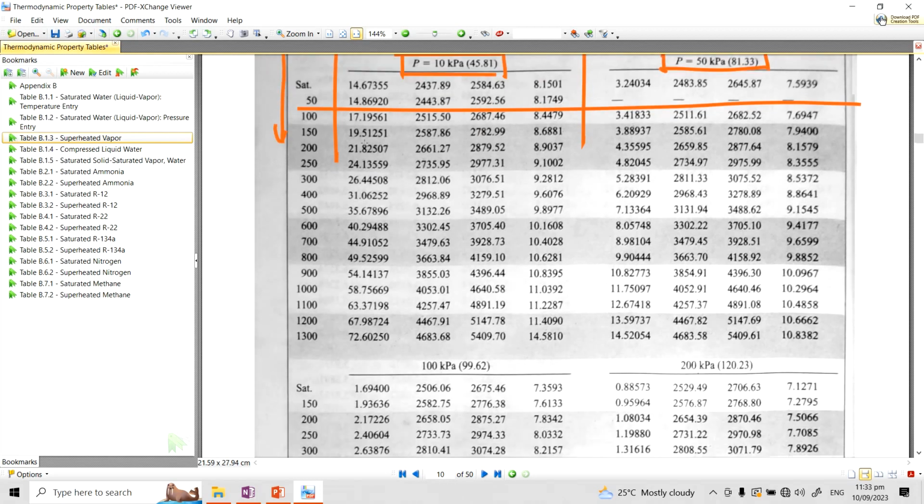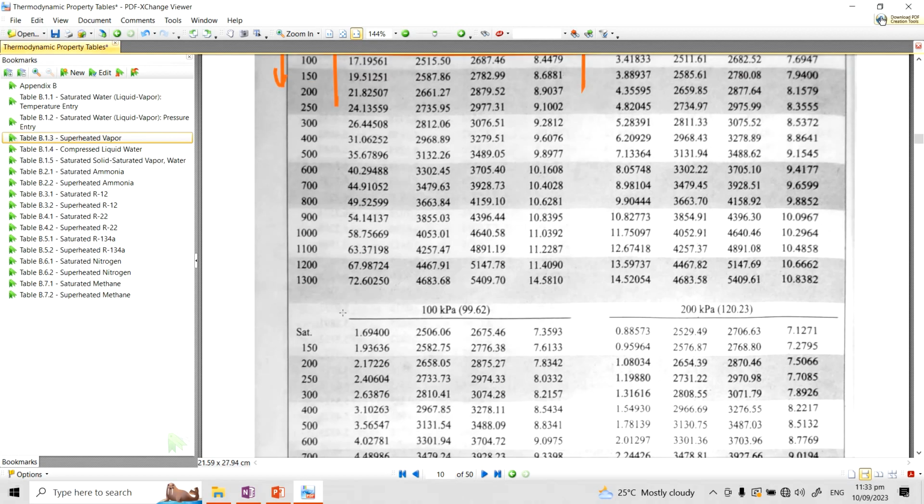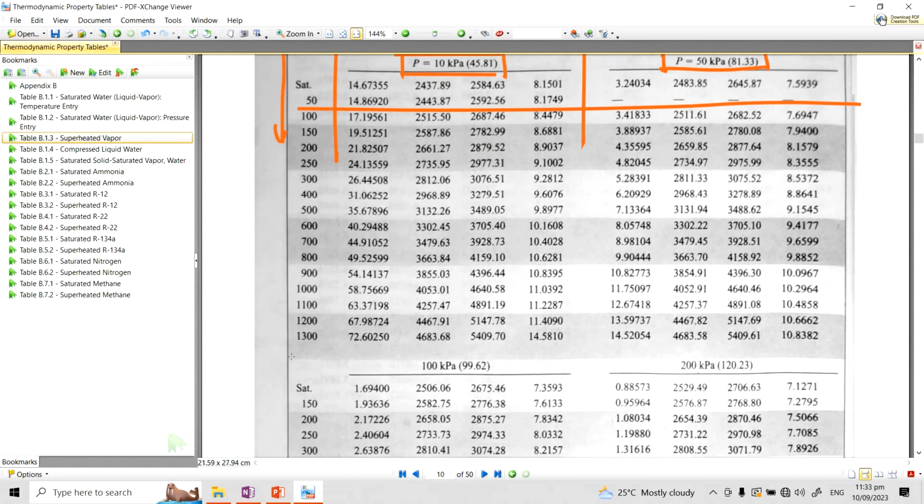You see here that the temperature starts with 50, 100, 150. I think the interval is by 50: 200, 250, 300, and then here 400, the interval is by 100 already. But then at this another set, we have 100 kPa for the pressure and 200 kPa for the pressure.